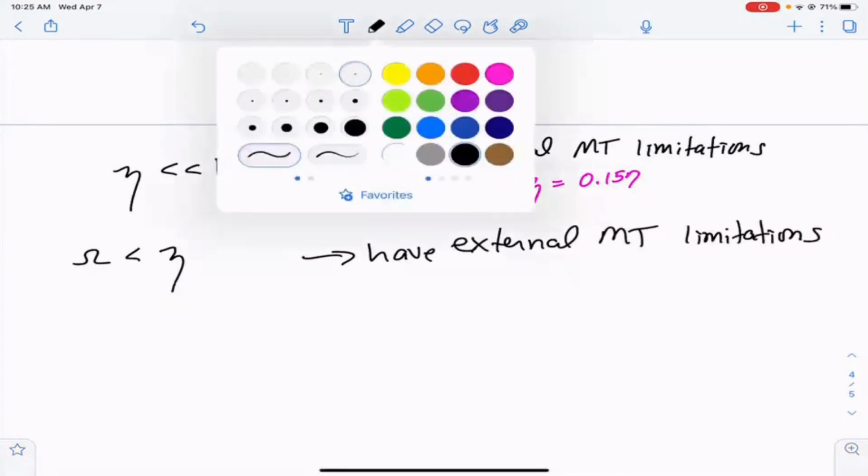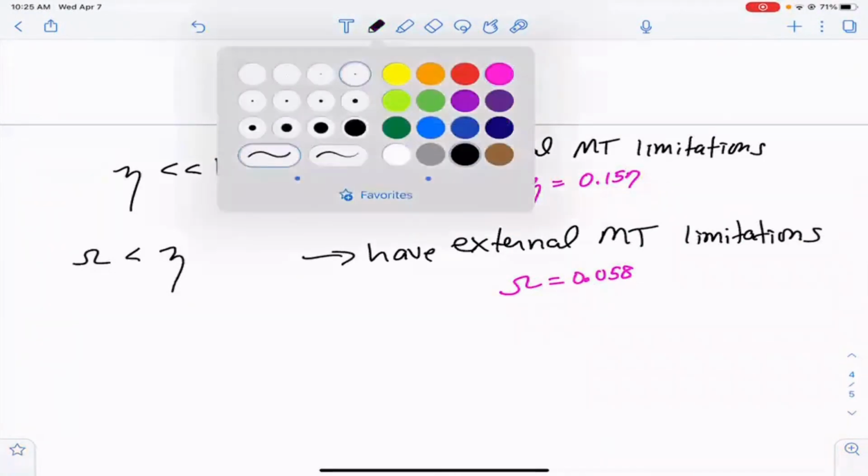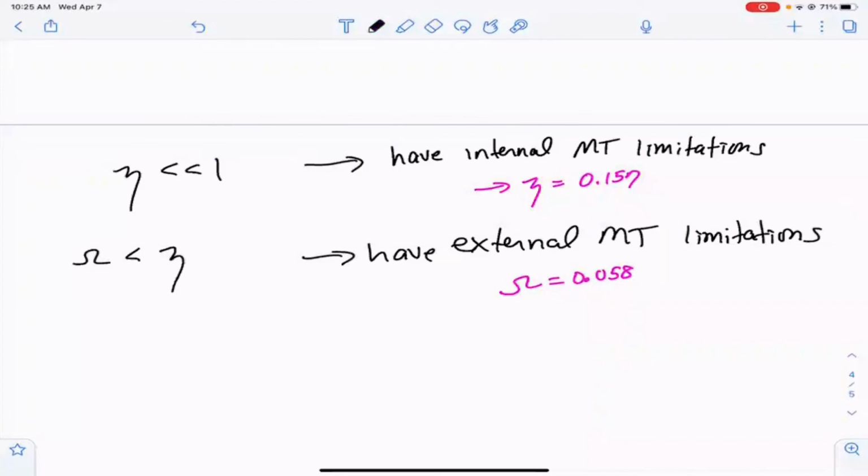And in this problem, our value for the overall effectiveness factor was 0.058, which is about a third of the value. And so obviously in this problem, we have both at hand, right? We have both internal mass transport limitations and external mass transport limitations. Now, this is sort of hand waving. There are much more formal ways to do this.